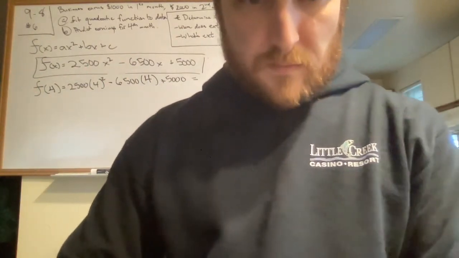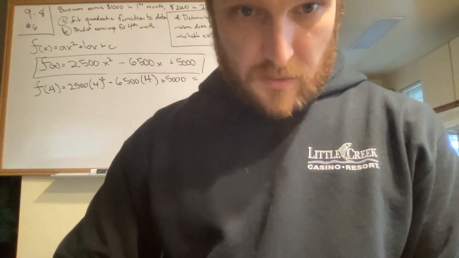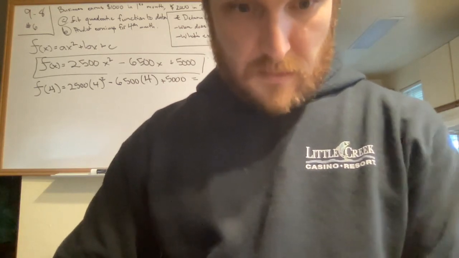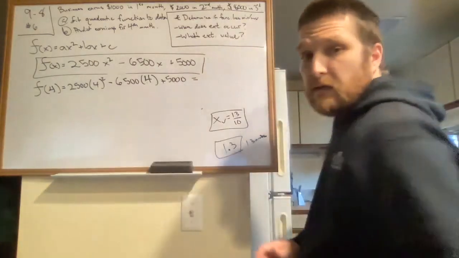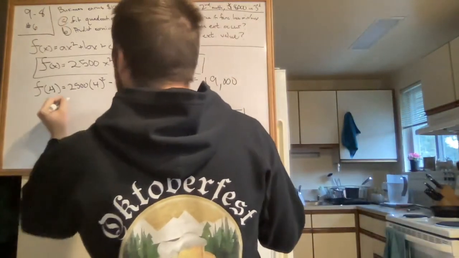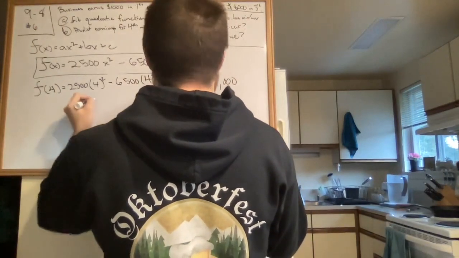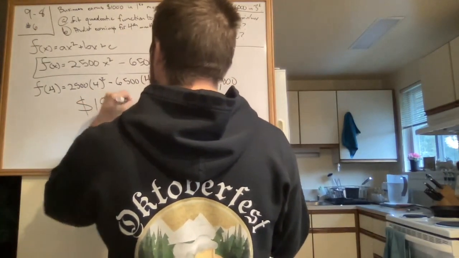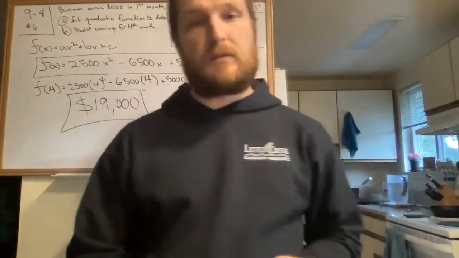That's 2,500 times 4 squared minus that times 4. I get 19,000. And so for part B, predict the earnings for the fourth month. We can predict $19,000.